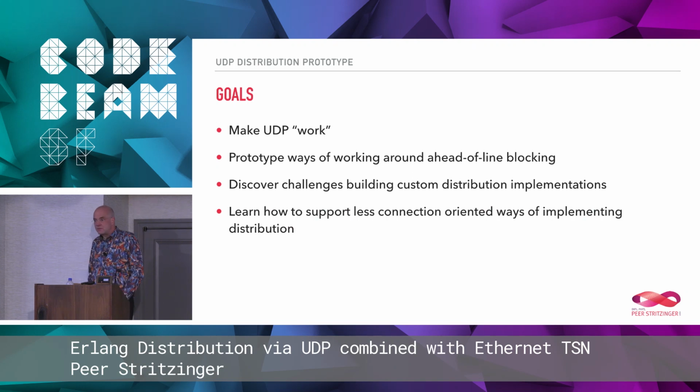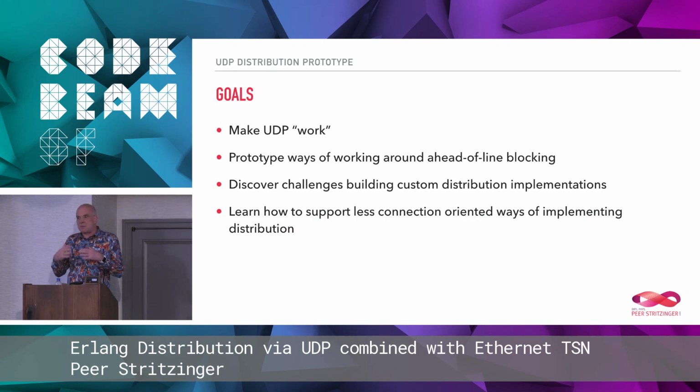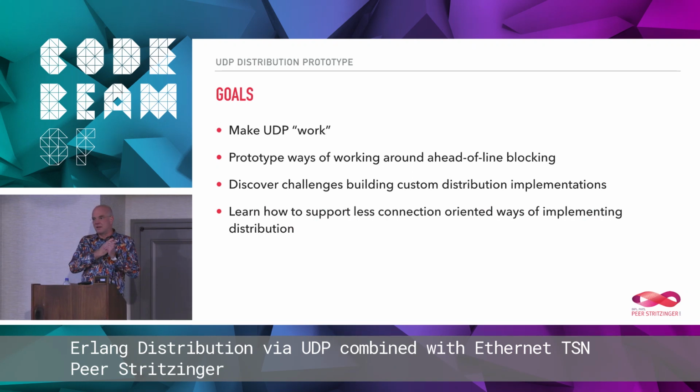So the goals of this: it's an experimental thing. This is not a full-blown implementation of the distribution protocol that I would use in production. We want to make UDP work, but we also wanted to prototype different transfer protocols and see how well the API fits other modes of transportation.